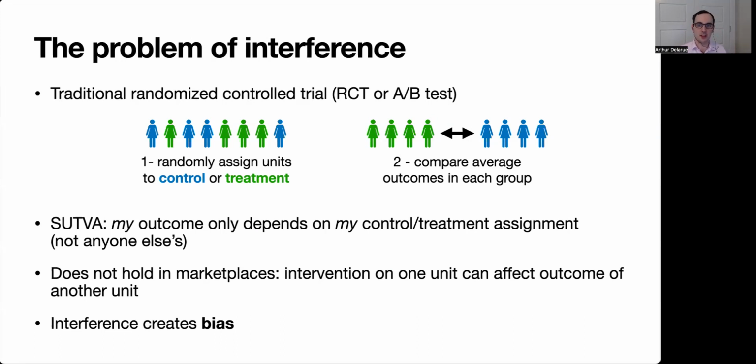So if somebody else is assigned to control or treatment, it shouldn't affect the outcome that I have. In marketplaces, this assumption, which is called SUTVA, for stable unit treatment value assumption, might not hold, because if I intervene on one unit, that can affect the outcome of another unit. This is called interference. You have a unit interfering with another unit. And this creates bias when we try to estimate results from an experiment.